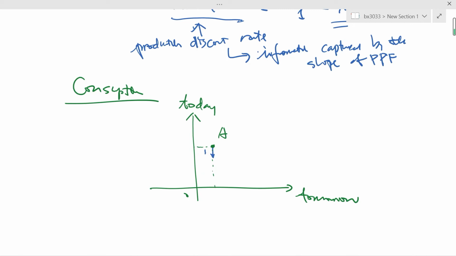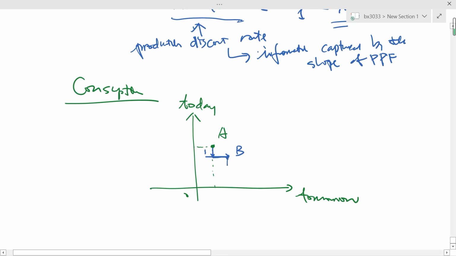But I'm going to compensate you with some units of goods and services tomorrow, so that you are just as happy as before. You derive the same level of utility. So we arrive at point B. At point A and point B, you have the same level of utility, the same level of happiness.